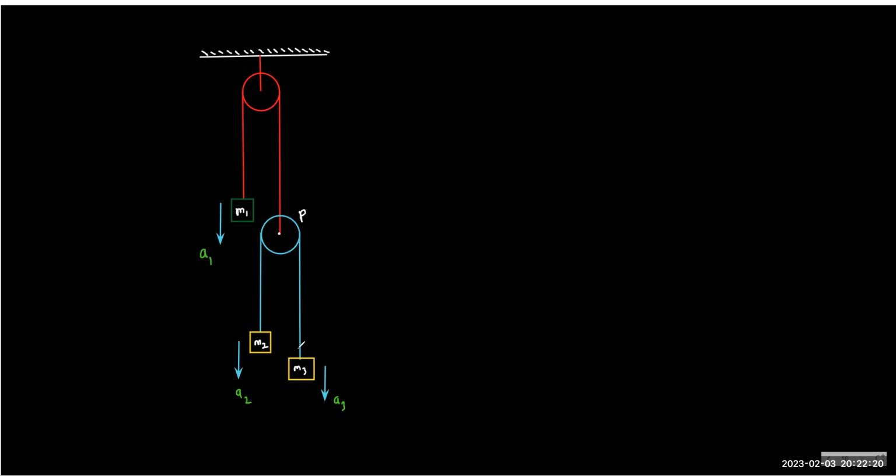So if I assume the tension here is T, this is also T. This will become how much? 2T? Yes or no? Tell me, guys. Yes, sir. But if I start with T here, then I have to make it T by 2, which is not good. This is just a matter of convenience. So that's why this is how we have started.